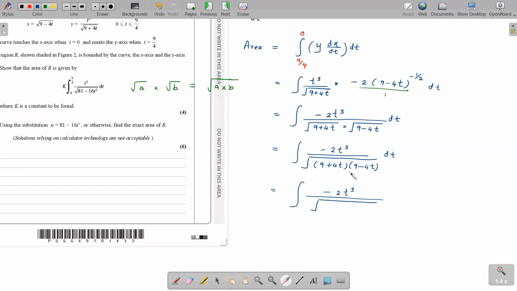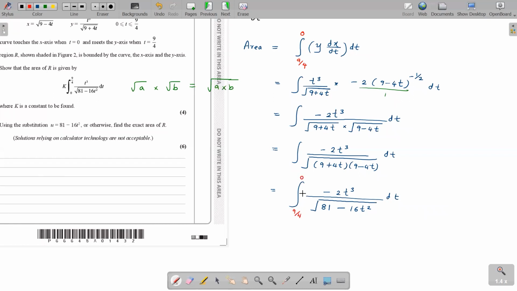A plus b, a minus b gives you a square minus b square, isn't it? So then I get here 9 square is 81 minus what b square here? 4t square is 16t square. a square minus b square: 9 square minus 4t whole square, 16t square. So actually, I think we almost get our show that, but the limits that we put are from 9 over 4 to 0, right?